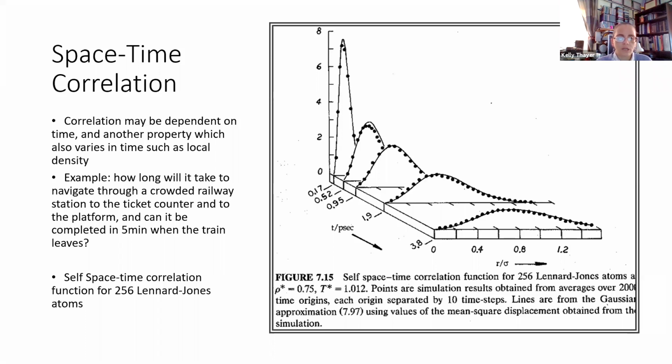And so then we have this concept of the correlation being dependent on the time, and also another property which is varying with time, which is that density. So this gives us the self-space-time correlation function, and that is being shown for 256 Lennard-Jones atoms here. And you see that we get a two-dimensional plot that shows how this works.